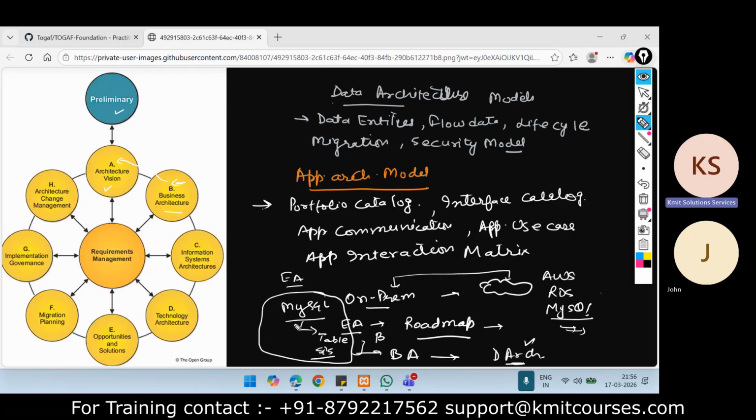The enterprise architect will say we need to migrate our MySQL database in the baseline architecture into the target. So in every phase the enterprise architect's role is essential, because he makes sure that whatever goes into the project is aligned with the architecture roadmap.